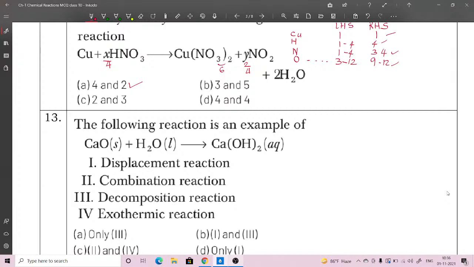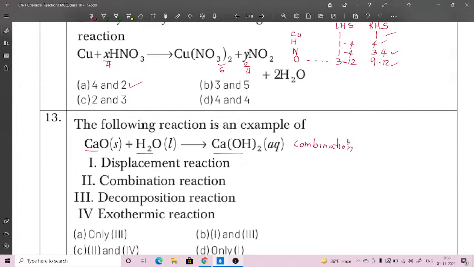The equation is calcium oxide plus water gives you calcium hydroxide. It's an example of combination. These two are combined, so combination is correct.